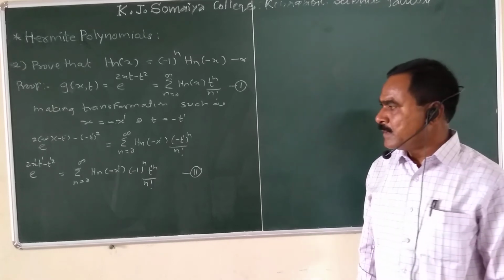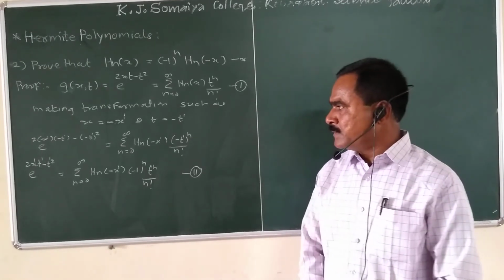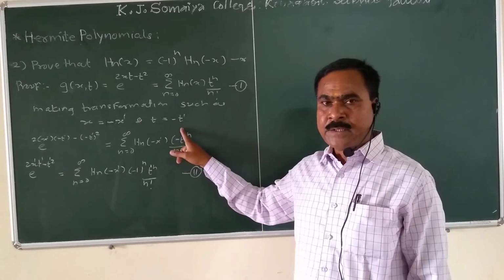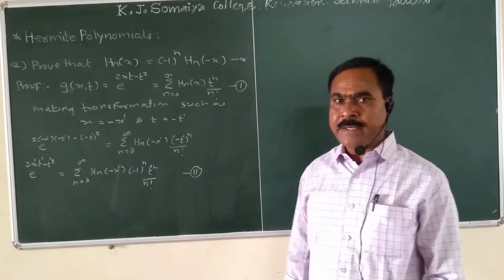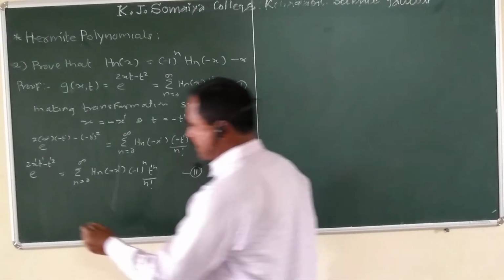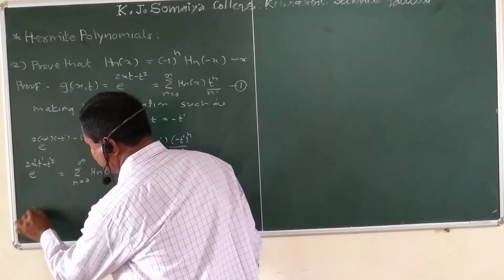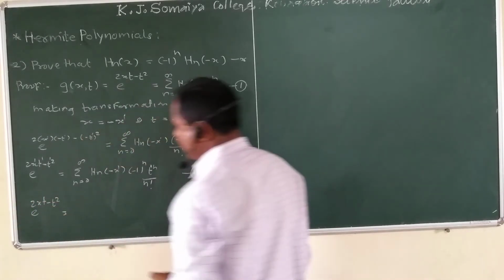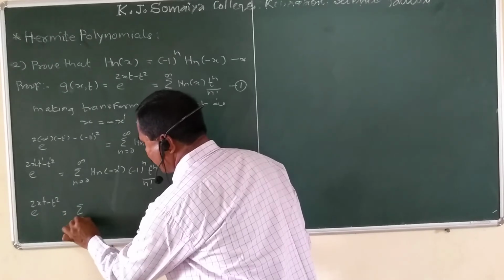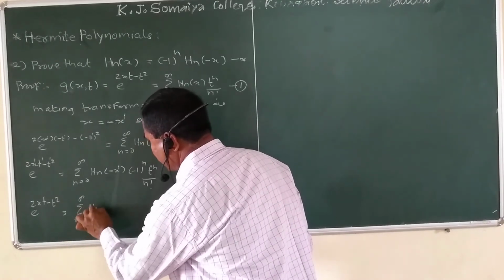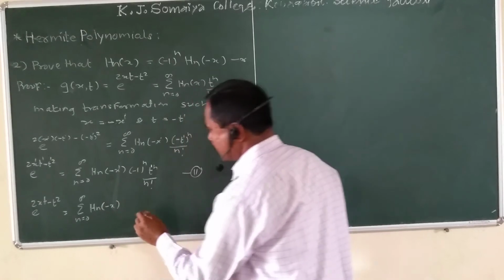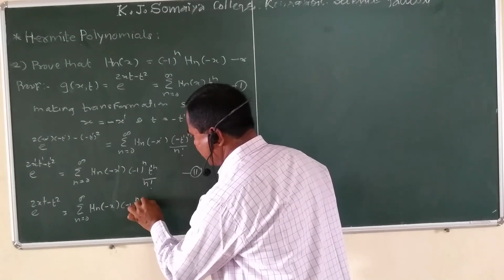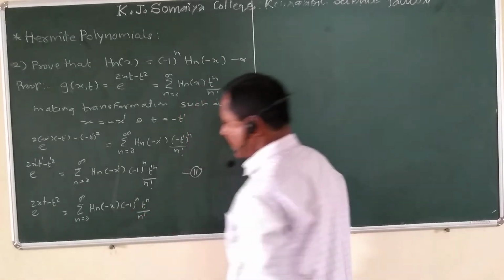So in next step here we have used x dash and t dash as dummy variables, so we replace them by x and t. So we replace here e raised to 2xt minus t square equal to summation n from 0 to infinity H_n of minus x, then minus 1 raised to n t raised to n upon n factorial.